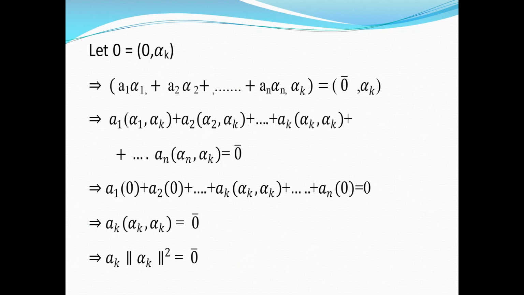That implies a1 into 0 plus a2 into 0 plus and so on, ak into the inner product of alpha k, alpha k, plus and so on, an into 0 is equal to 0. So that implies ak into the inner product of alpha k, alpha k is equal to 0. That implies ak into the norm of alpha k whole square is equal to 0.